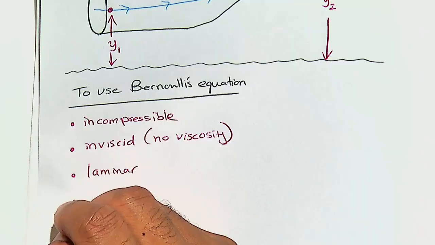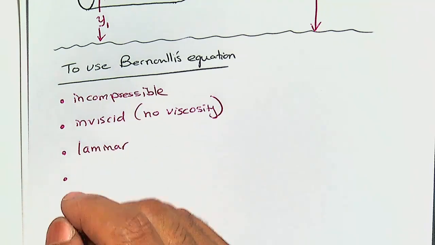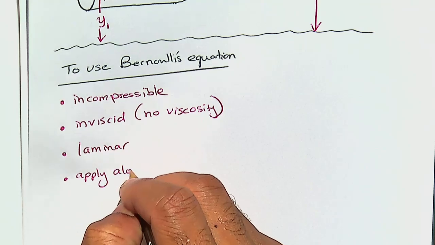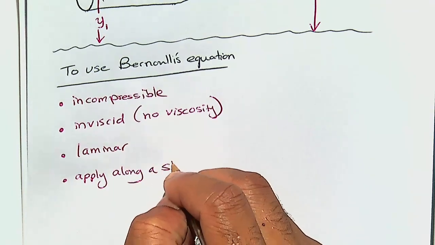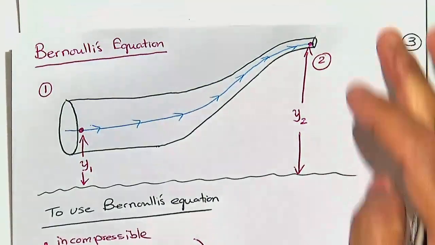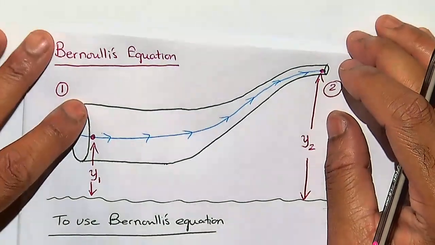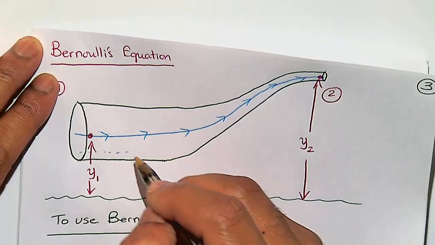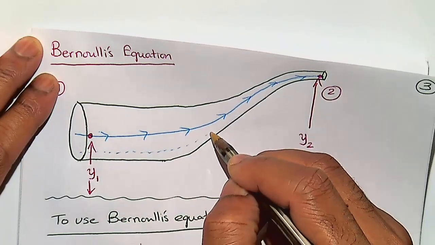Okay, and the other one that's maybe less strict, but it certainly has to be said, is you apply this along a certain streamline. Okay, so in the case of applying Bernoulli's equation, there's also another streamline like this. I'll try to draw it faintly, right?